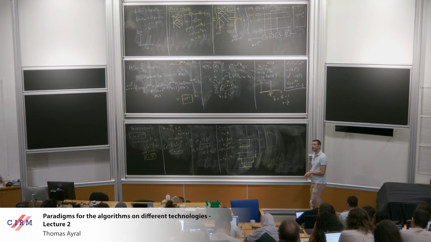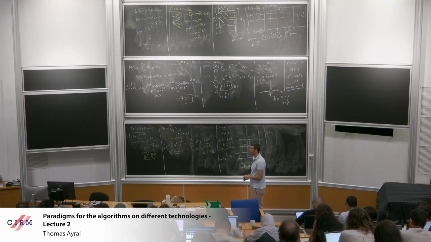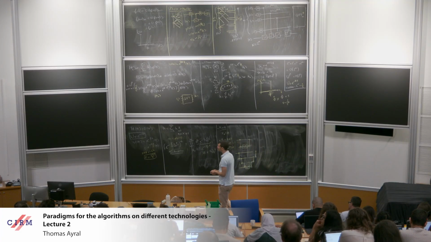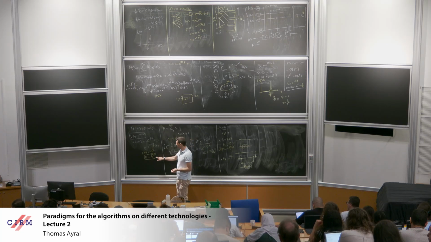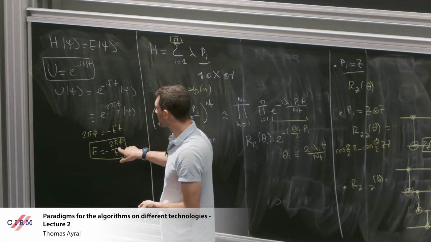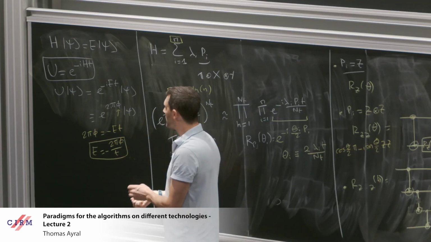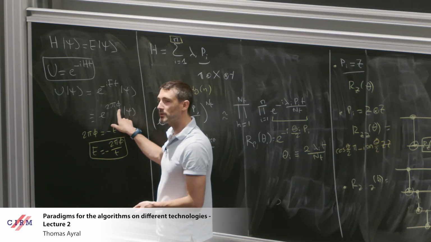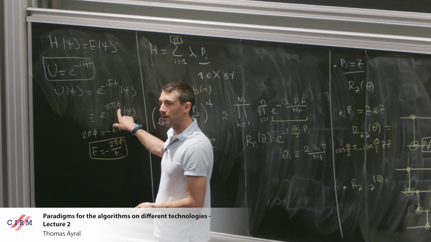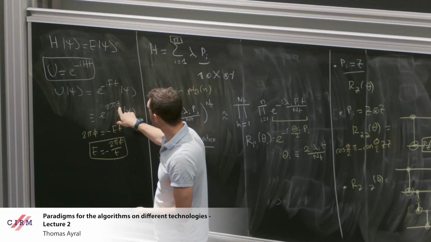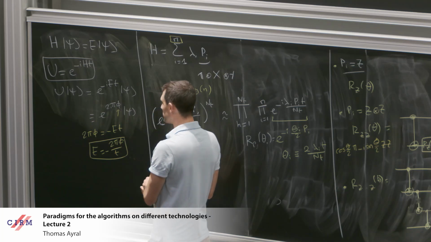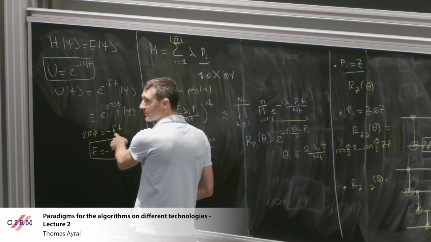When you do the phase estimation on the left, the phi depends on T? Yes. So the question is, when I do the phase estimation here, the phi depends on T. Yes, it does. And in fact, that's something I didn't really explain, but we would like the phase here to be between 0 and 1. And in fact, if I want the phase to be between 0 and 1, the energy here is something I do not control.